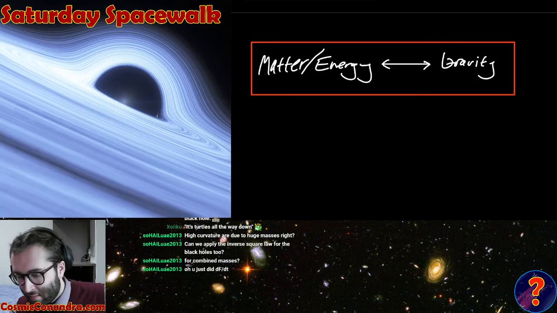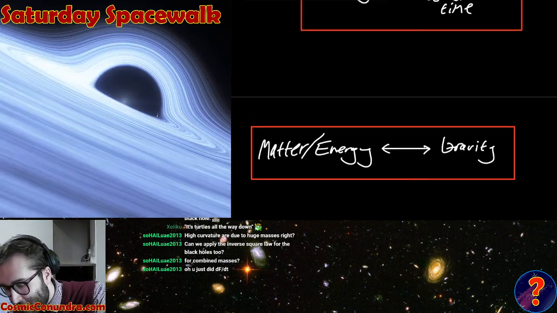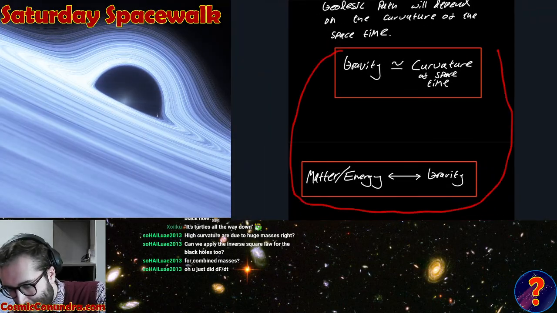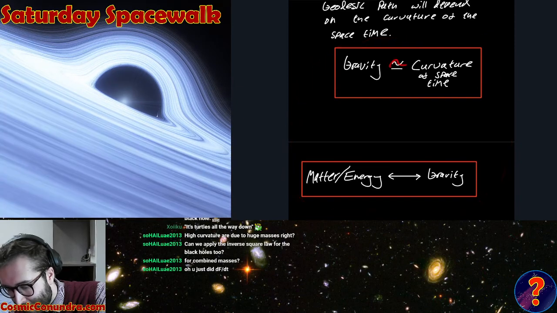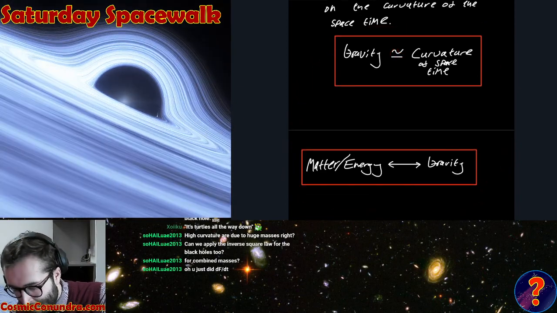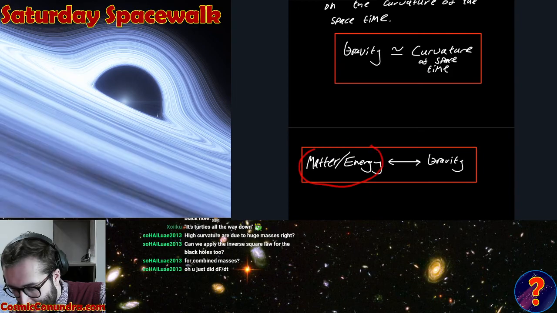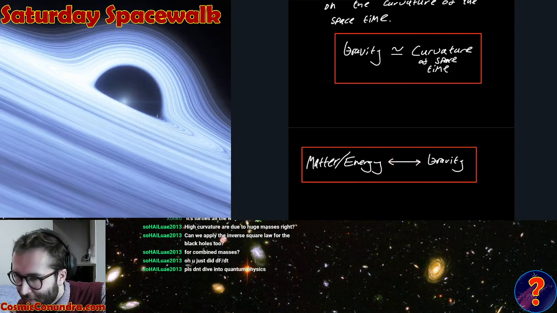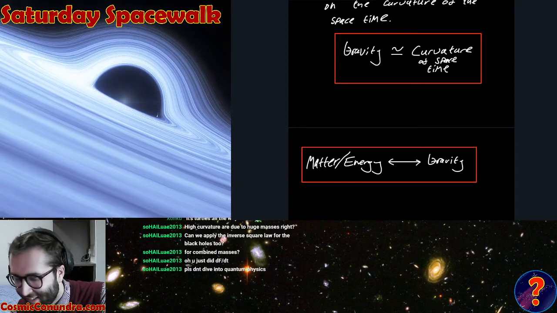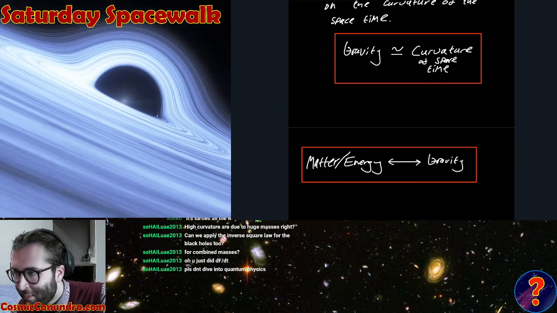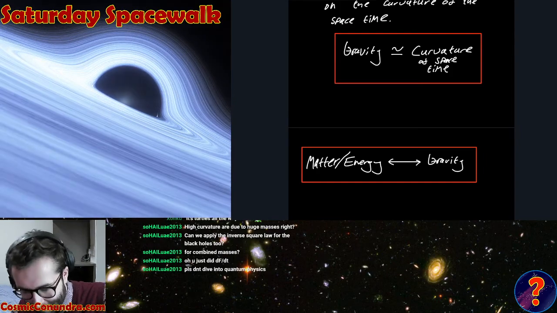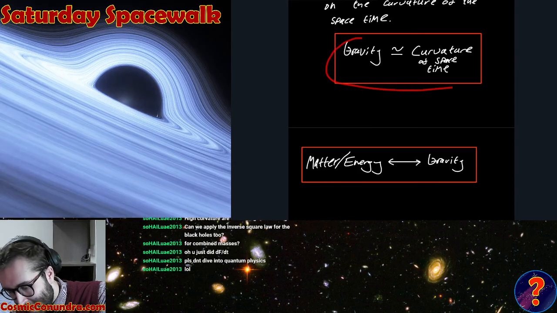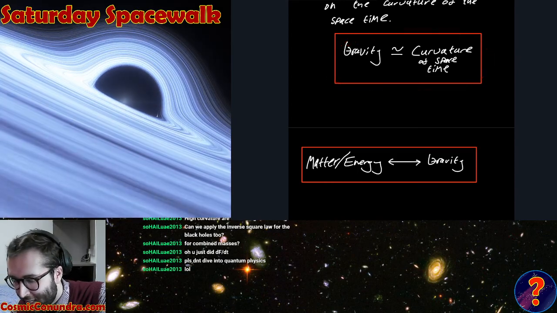Okay. So now we're taking these two very schematic, rough equations: that gravity is roughly given by curvature, and that matter and energy will source gravity. Don't worry, we're not going to dive into quantum physics today. This is all still classical, general relativistic, but still classical. So matter and energy source gravity, and gravity can be thought of as curvature of space-time.